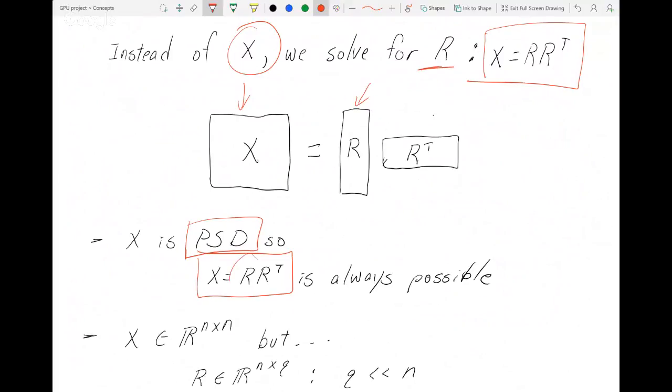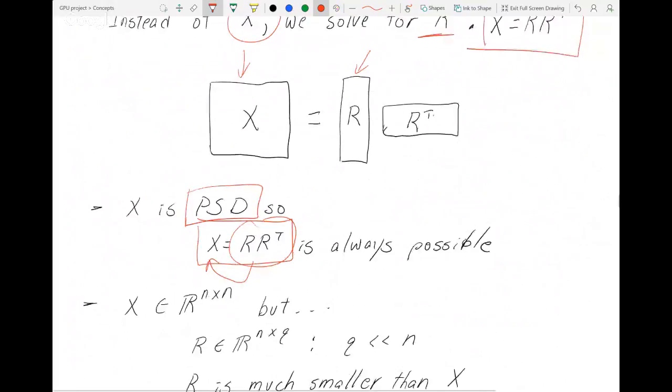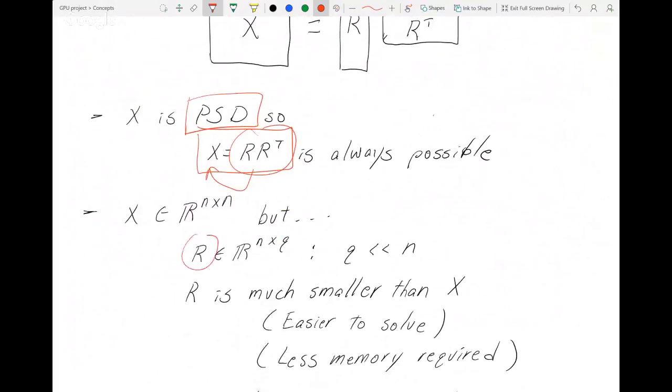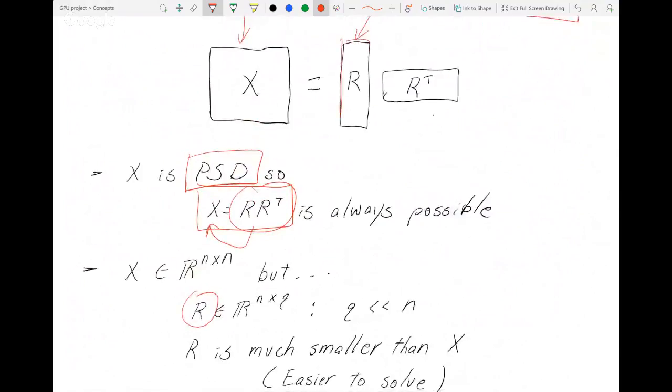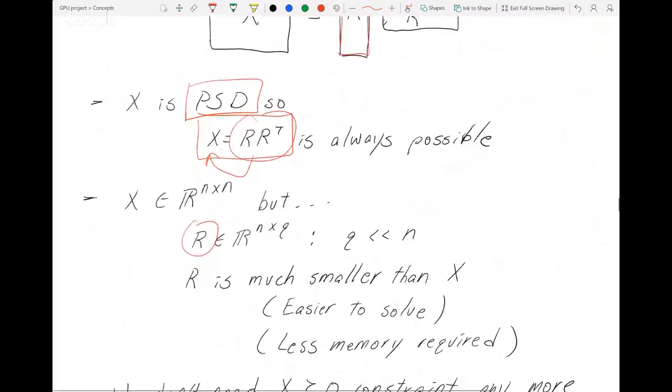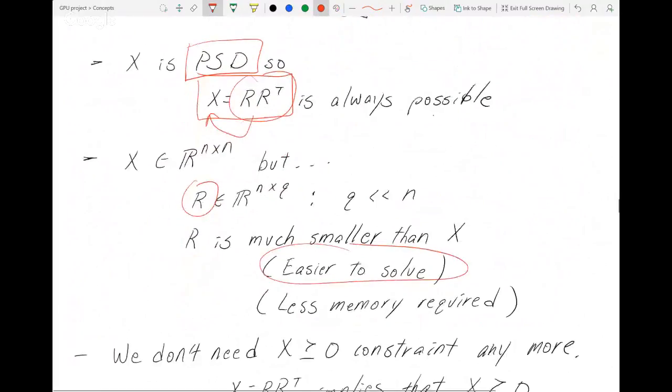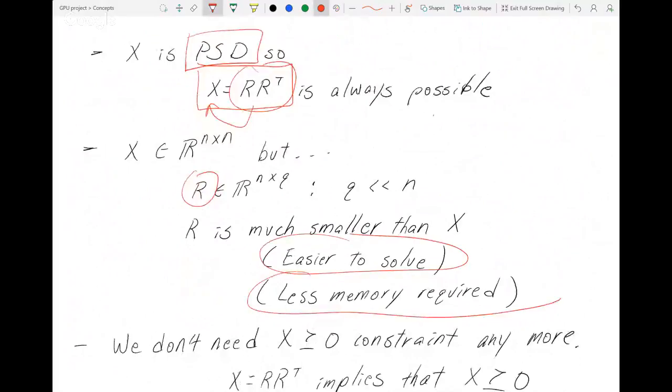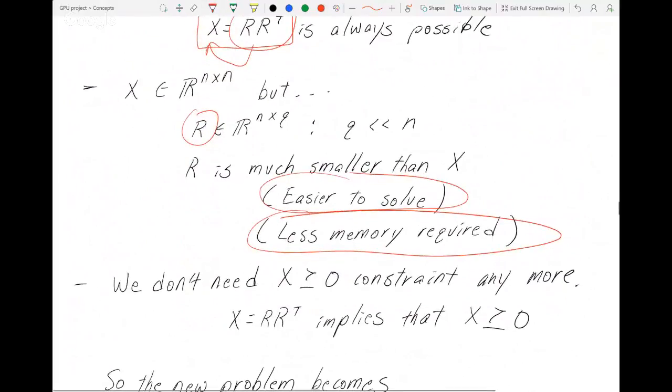As a matter of fact, this form implies that X is positive semi-definite. Also, notice that R is a significantly smaller matrix, so it's easier to solve because it's smaller, it's faster to solve, and uses less memory. Also, since we replaced X with R R transpose, we don't need the positive semi-definite constraint anymore. It just implies this automatically.